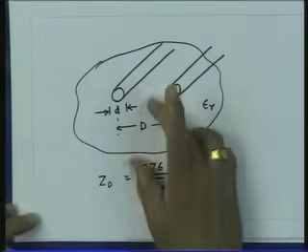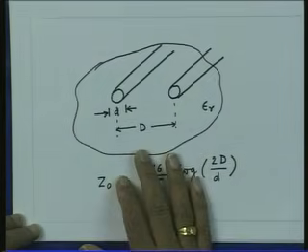So, this structure is a floating structure for which the ground is not defined, whereas for the other two structures, the ground is defined and the voltage is applied between the ground and the conductor. The other two structures are called then the unbalanced structure, and this structure is called the balanced structure.